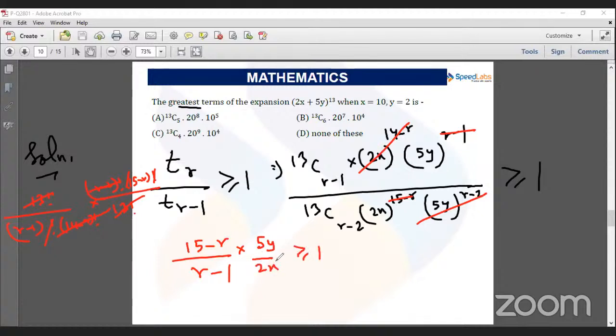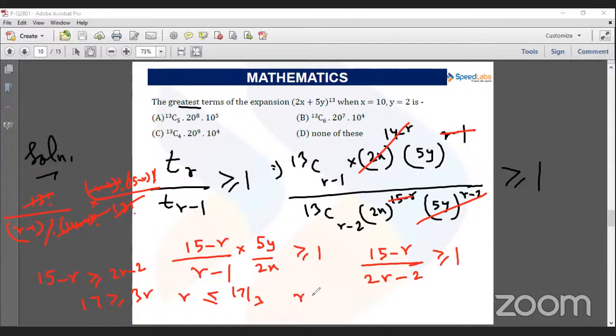And let's put the value of 5y and 2x here. So y is 2, this will be 10, and x is 10, this will be 20. This will be 10 by 20 or half. So 15 minus r by 2r minus 2 is more than or equal to 1, or 15 minus r is more than or equal to 2r minus 2. 17 is more than or equal to 3r, or r is less than or equal to 17 by 3.